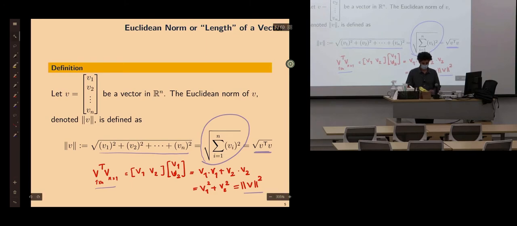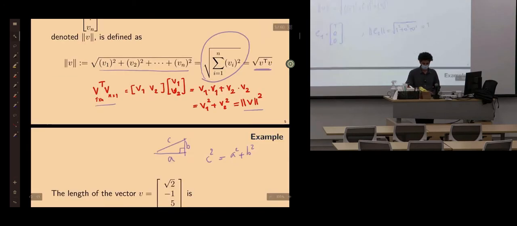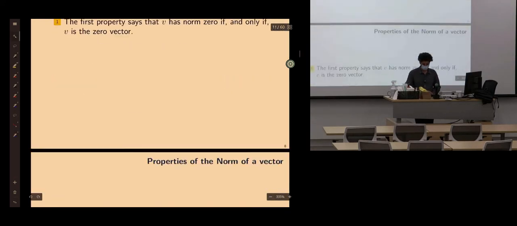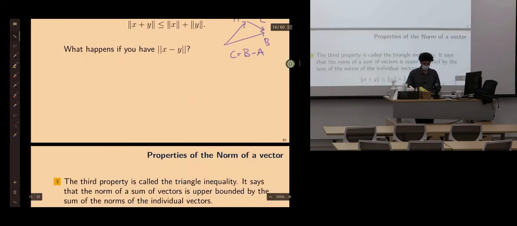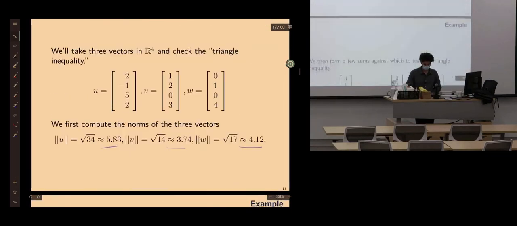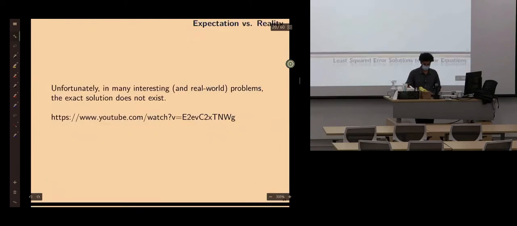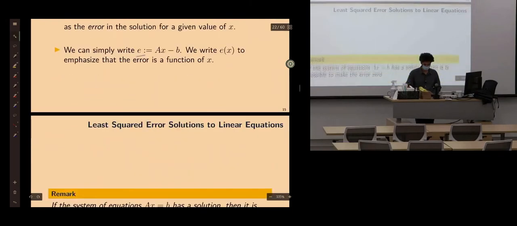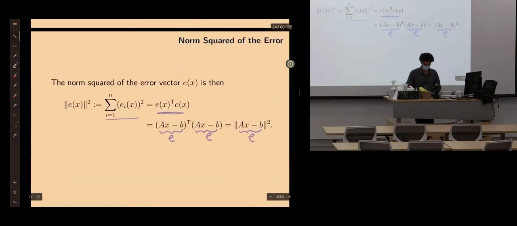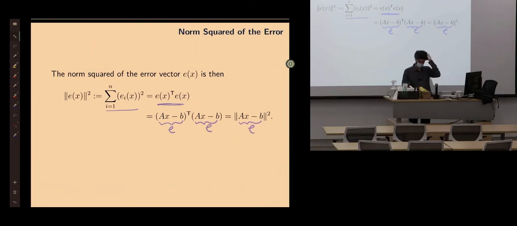When we substituted the error by Ax minus b, it looks a little bulkier, but it's really just the error vector. Does it make sense now? Yeah. Okay. So error transpose times error gives you this norm squared because of the property of the norm.